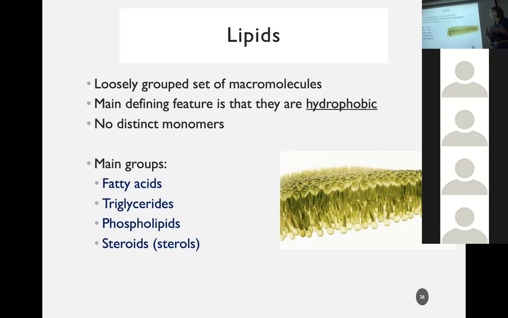So, 4 main groups that I'll go through fairly quickly: fatty acids, triglycerides, phospholipids, and steroids, or sterols. Fatty acids and triglycerides are actually pretty similar. Phospholipids are important in cell membranes. We'll get to that. And steroids and sterols are a lot of hormones and cholesterol. Cholesterol falls into the sterol category.